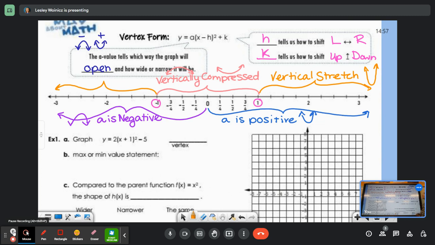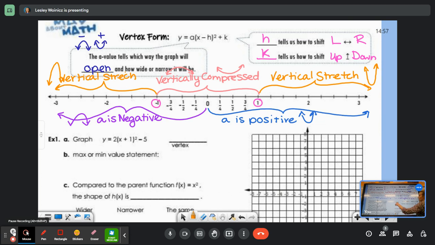All right, this is our vertical stretch. Okay, so not only is it stretched, but it's upside down. Any questions about that?